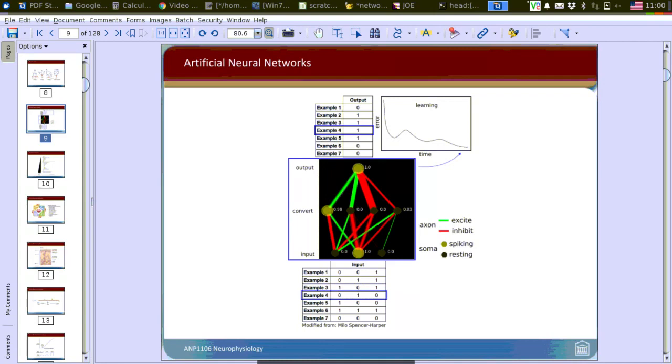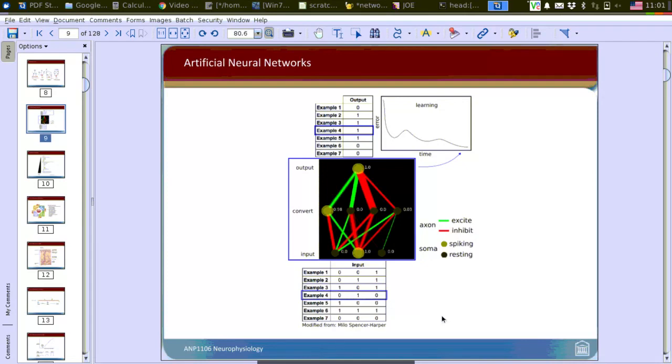So the key here is to understand the mechanism of information processing, and it depends on the size and sign of the synaptic connections. So it's the effects of the neurotransmitters, whether there's a strong or weak postsynaptic effect. It could be an inhibition or it could be excitation.